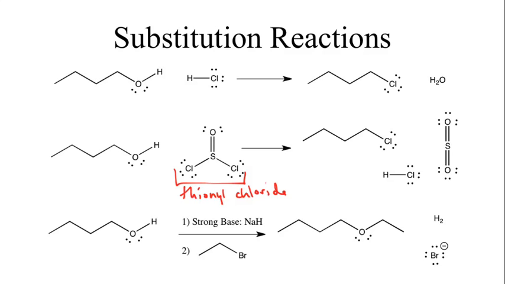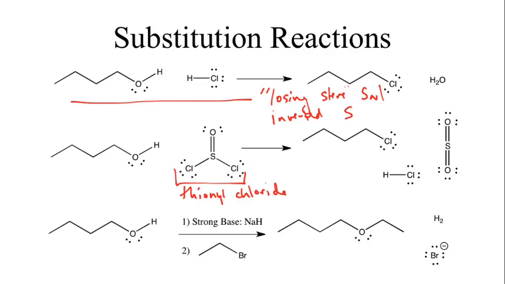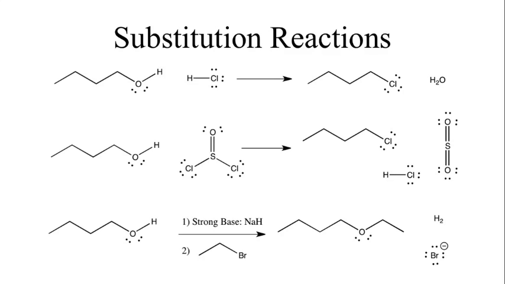Whereas in the case of our first substitution reaction up here, we end up losing, quote unquote losing, the stereocenter if we went through an SN1 condition, so we're looking at larger substrates. If we went under SN2, we'd get inverted stereochemistry. So it's kind of neat that in thionyl chloride we actually maintain it. So that's something new about our thionyl chloride.